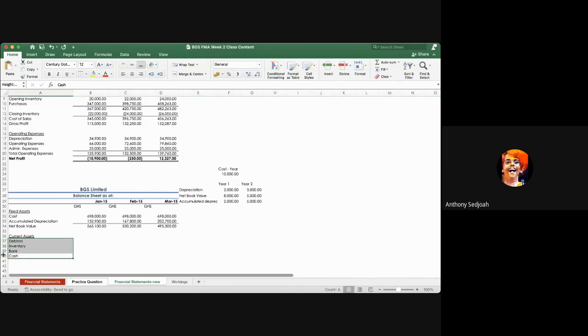So the one that is most liquid, in finance or accounting, liquidity means cash. Somebody will be like, well, I'm very liquid. It means the person has cash, or most of the person's assets are in cash. For example, when you hear about the net worth of those billionaires, Elon Musk, Bill Gates and all that, they have a lot of assets, but just a small percentage is in cash.